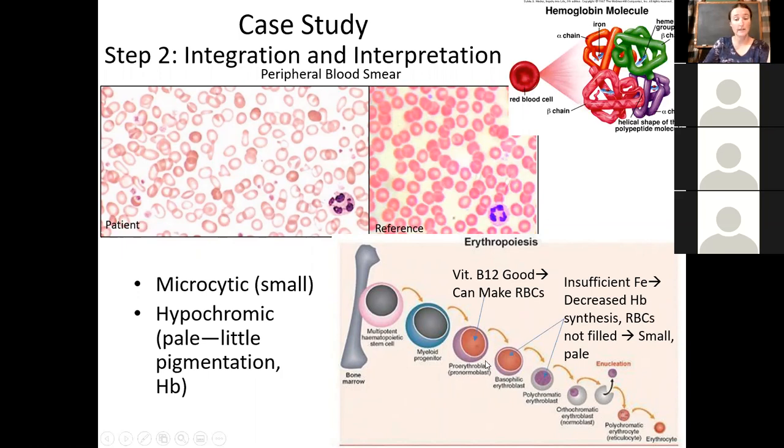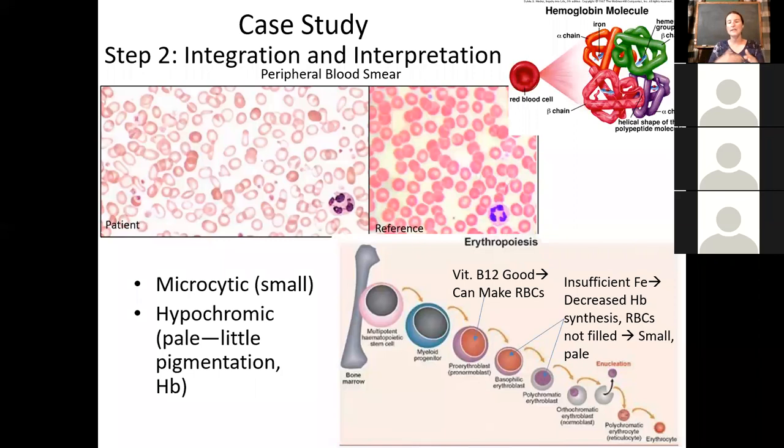Yes, the red blood cells exist, but we need appropriate iron in order to make hemoglobin. Okay, so if she has insufficient iron, she's going to have insufficient hemoglobin synthesis, and therefore the red blood cells are there, but they're not quite as plump and full of hemoglobin. So they're going to have a paler color without that pigment, and also they might be a little bit smaller.